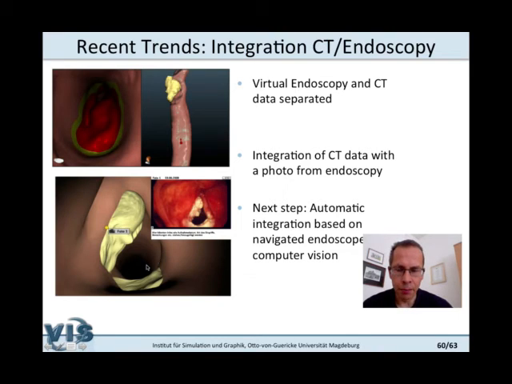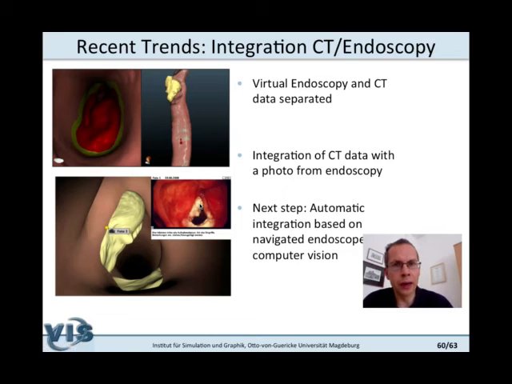Here we see an example of a view from virtual endoscopy combined with a photo from real endoscopy, and this view here is annotated in this way that if you select this point like a bookmark, you would see this photo. So that is an integration of virtual endoscopy and real endoscopy.